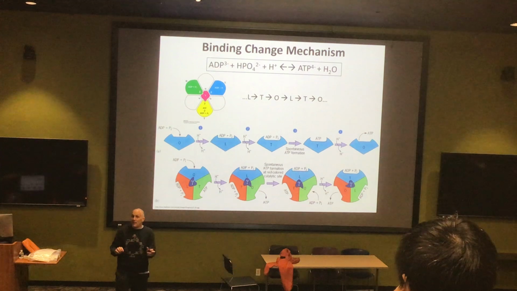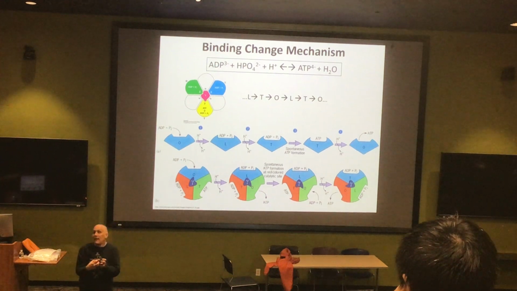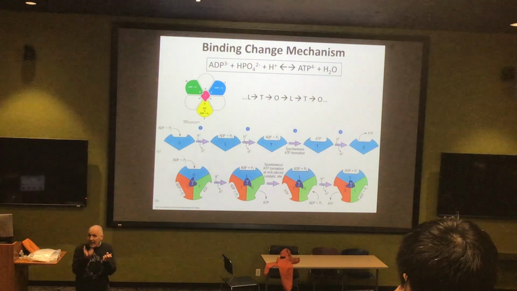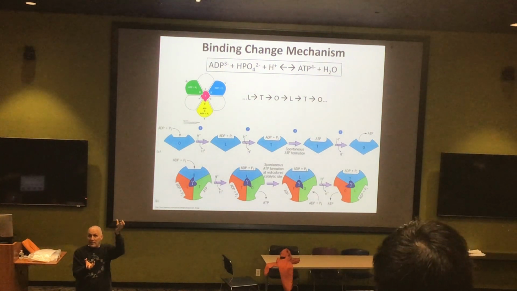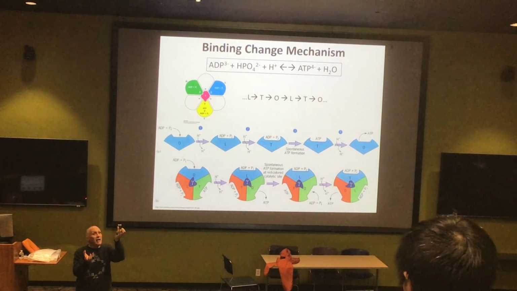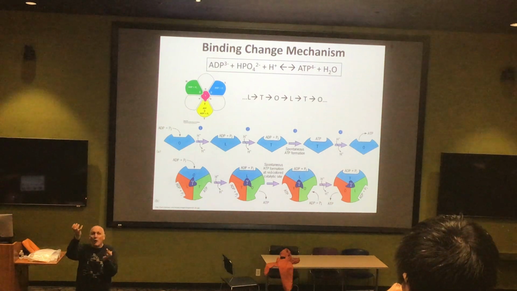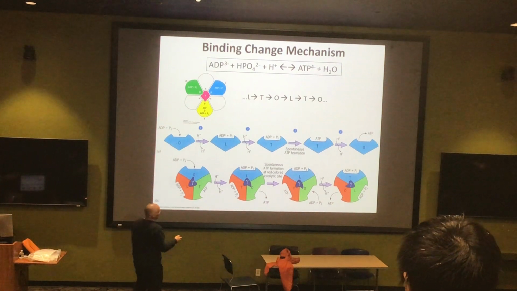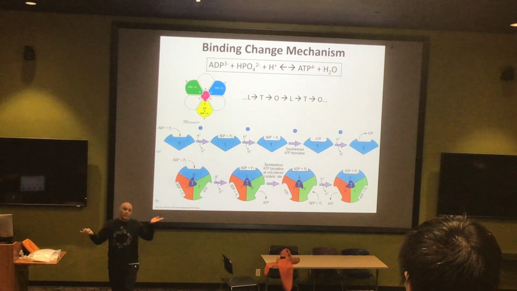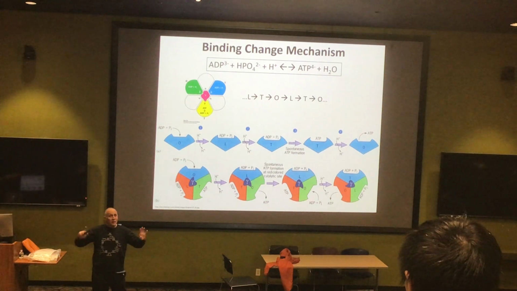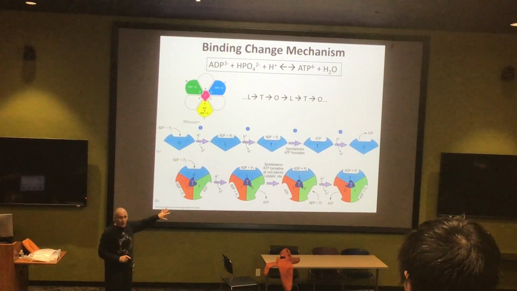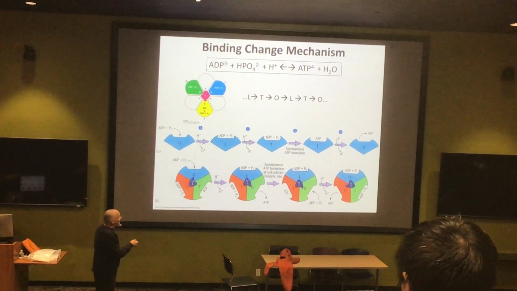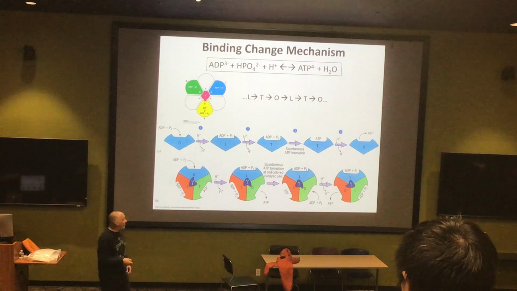So as ADP and inorganic phosphate are next to each other right now, suddenly the structure changed from one that has a high affinity for ADP and a low affinity for ATP, to one that has a high affinity for ATP and a low affinity for ADP, so ATP is formed. That's it. That would have happened again, even if there was no proton gradient, this would have occurred, right? We kind of already saw that. But now we have a problem, because this thing has a ridiculously high affinity for ATP.